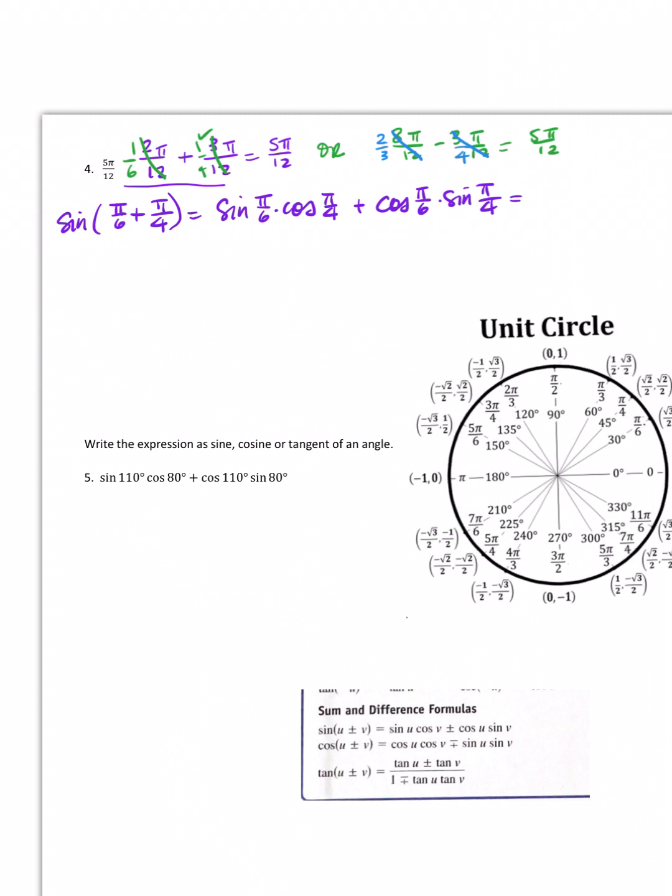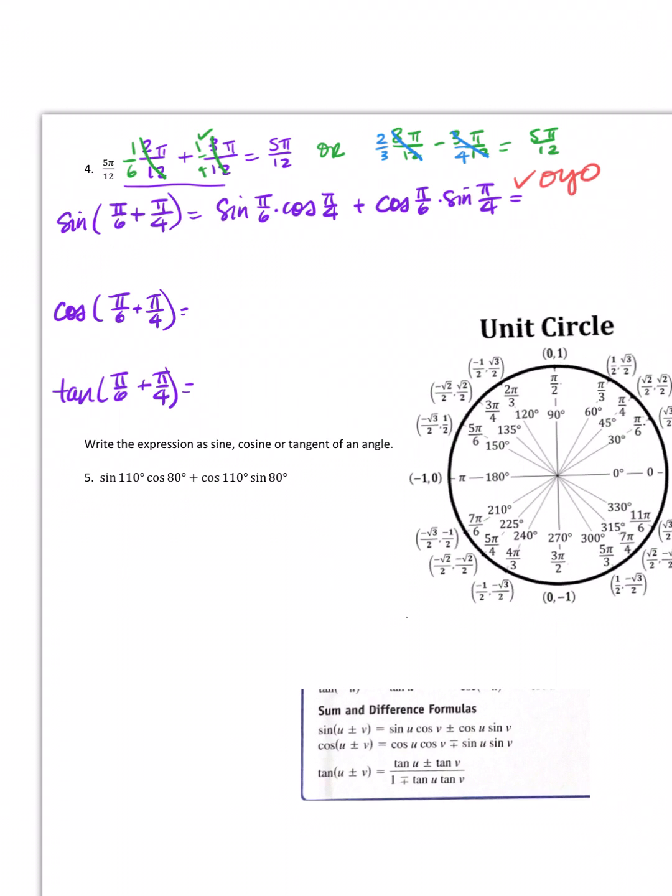And we'll check that out next chance we get. So on your own, this one's an on your own question. And then you can set up the other ones, you know, cosine of pi over 6 plus pi over 4. Set that one up and finish this one, and then the tangent of pi over 6 plus pi over 4. We'll let you do those on your own, and again, we will check these when we get to class.